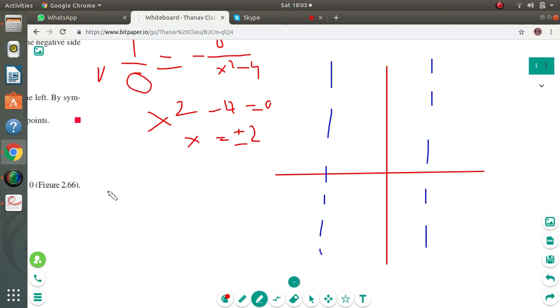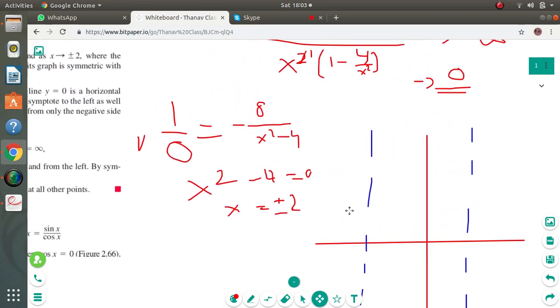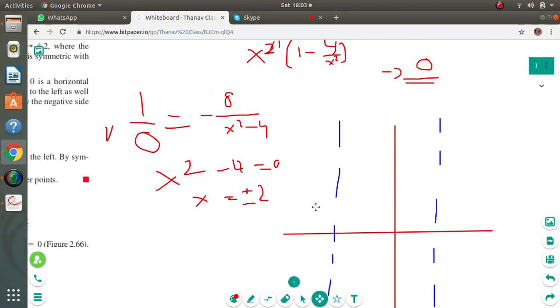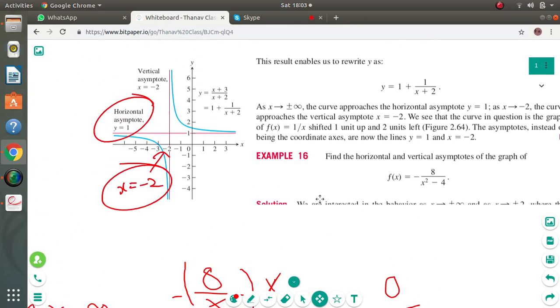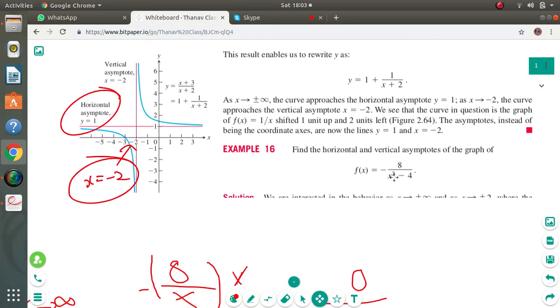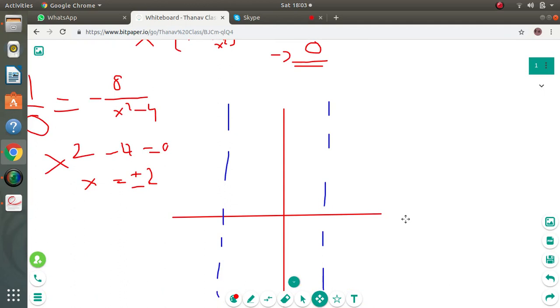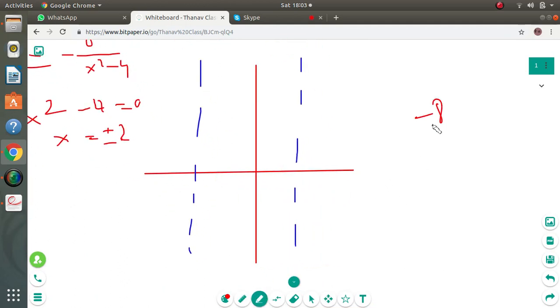See, for this one we have the function f(x) equals minus 8 by x square minus 4, right? So let's take x equal to 0. Then that will be just 2. So x equals 2 here we have now.